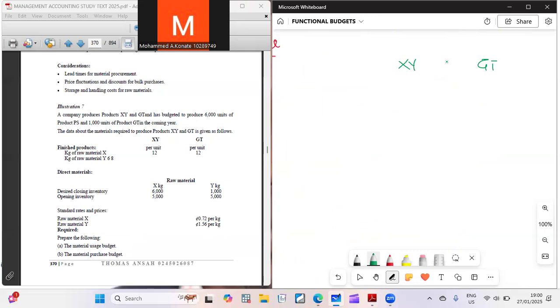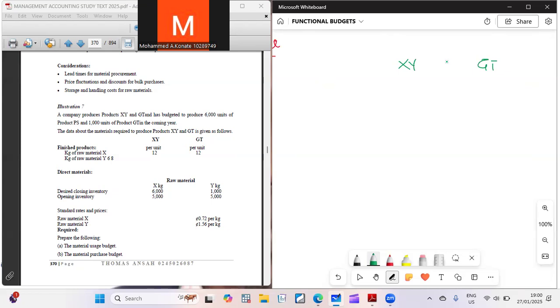From the production budget, we know what to produce. We will always know what to produce from the production budget. How many units are we supposed to produce? And from here too, we will know the price of each material.